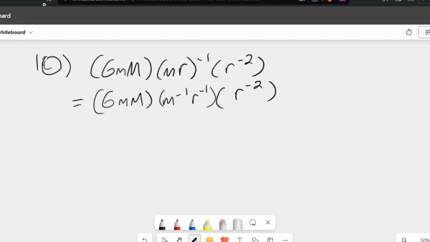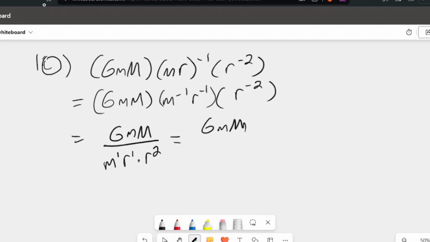But this is where things get a little bit cool here, is we want to kick this to the basement. m to the 1, r to the 1, r to the 2, which again we just add these. g m to the m, r to the 1 plus 2, which would be 3.